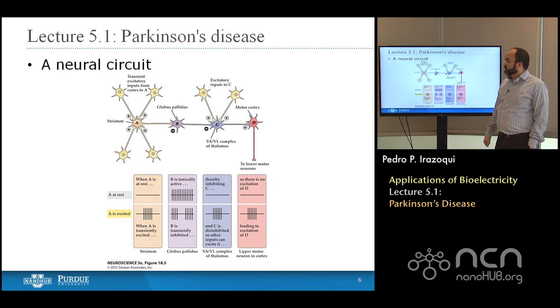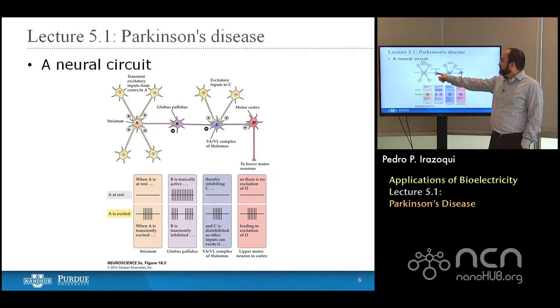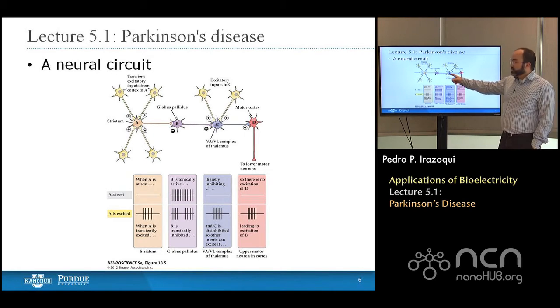But it inhibits, in this case, the globus pallidus neuron, which projects to the neuron that's in the VA-VL nucleus of the thalamus, and that inhibits it. It also receives inputs from the cortex, but projects an excitatory signal to the cortex, which then projects to lower motor neurons. So here's a circuit.